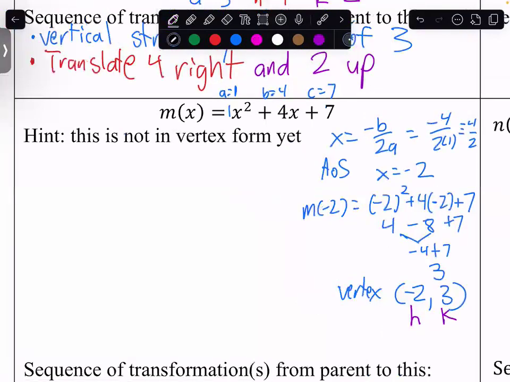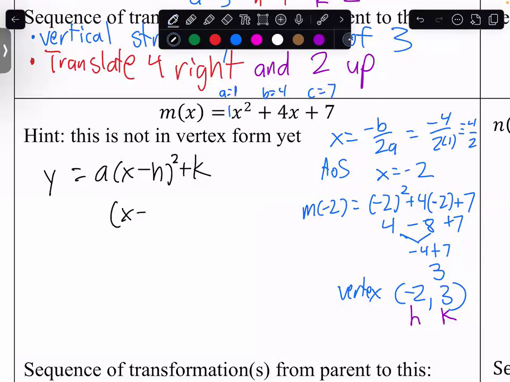Now we can fill in y equals a parentheses x minus h squared plus k. We already know from earlier that a is 1, so we don't need to write that.